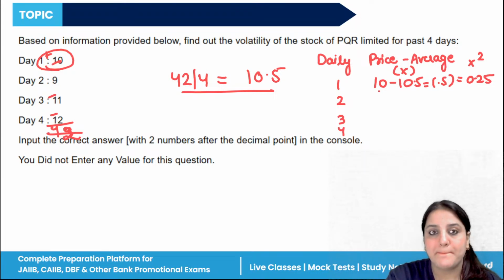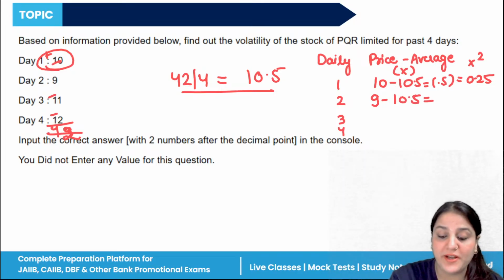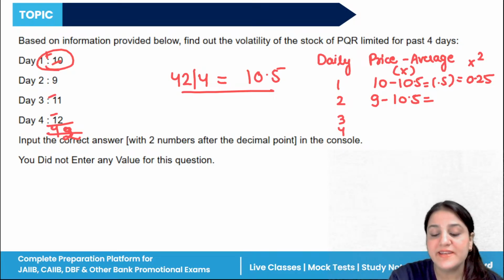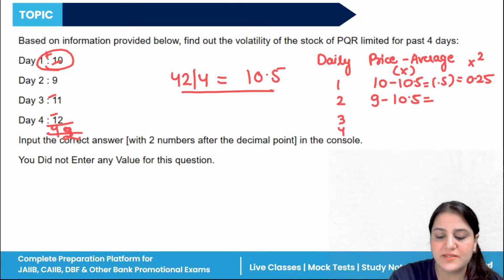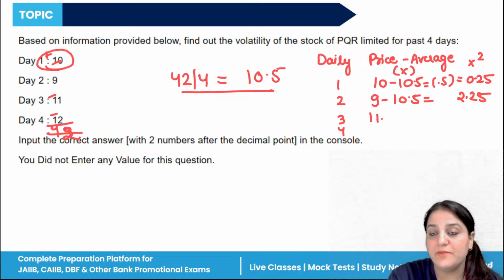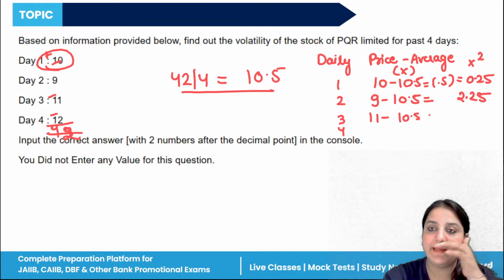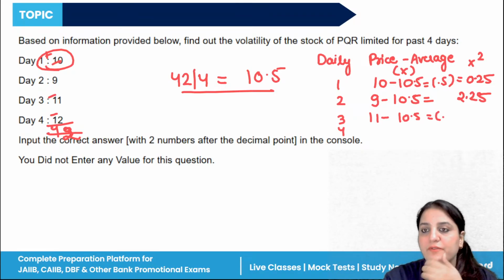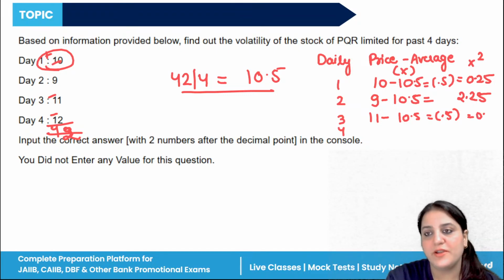Then 9 minus 10.5, which is equal to minus 1.5. That is negative, but if I multiply it by itself, obviously it becomes positive, so it is equal to 2.25. Then 11 minus 10.5, again it is only 0.5, so the square is 0.25.